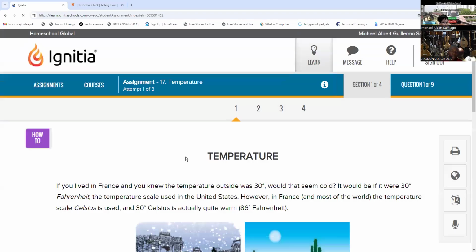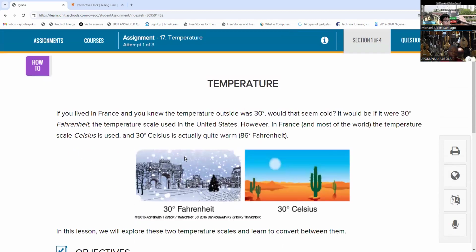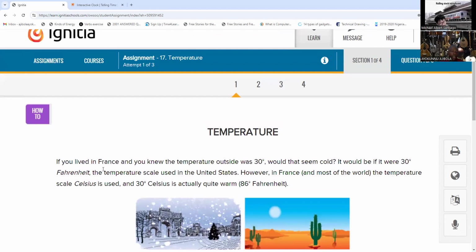That is temperature. If you lived in France and you knew the temperature outside was 30 degrees, would that seem cold? It would be cold if it were 30 degrees Fahrenheit.